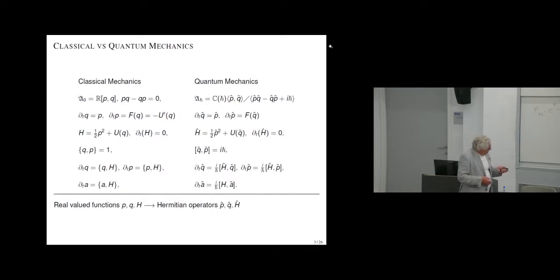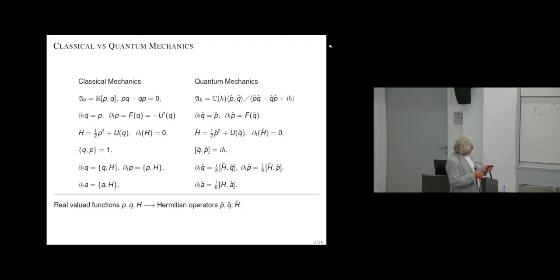And what Dirac noticed, in 1925, is that in the continuous limit, the commutator goes to iħ multiplied by the Poisson bracket.